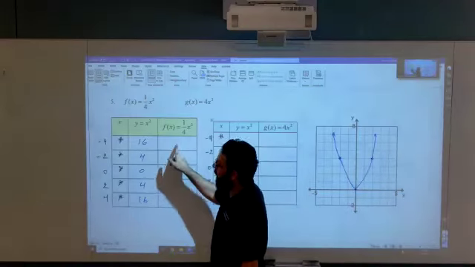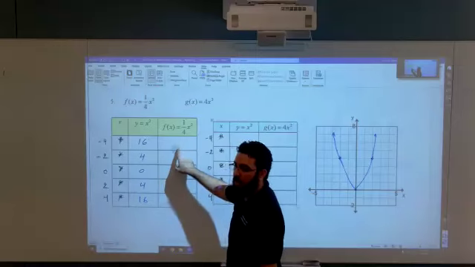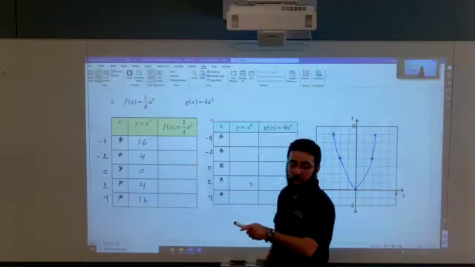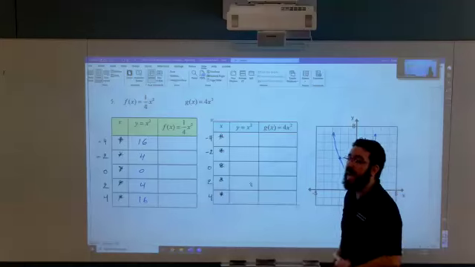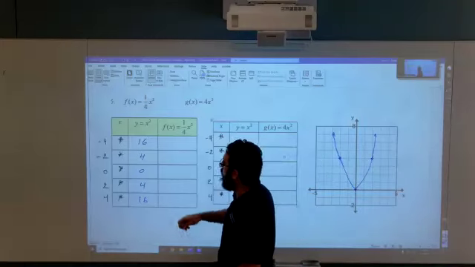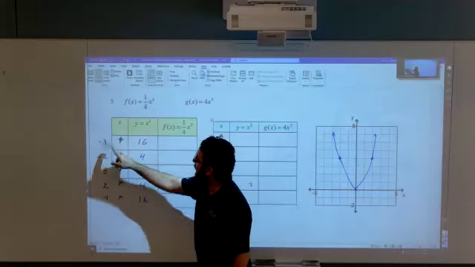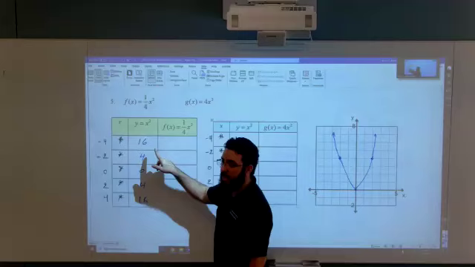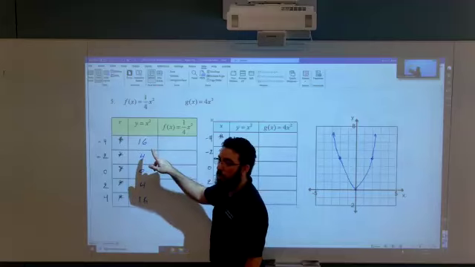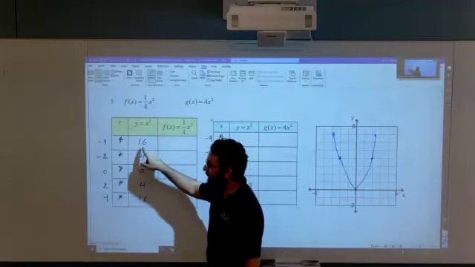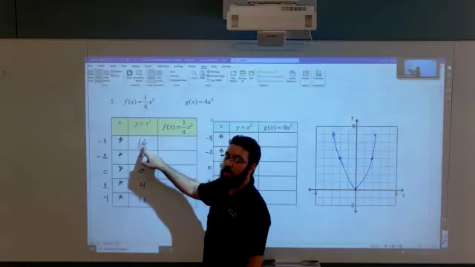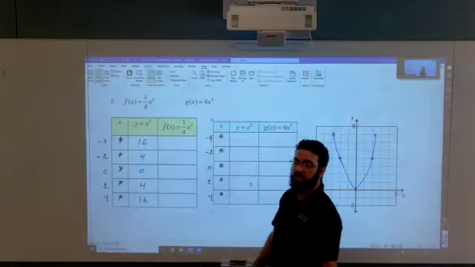How are we going to get the new y? We have to multiply a by y. What's the value of a? Look at the table, go back to the table you have.